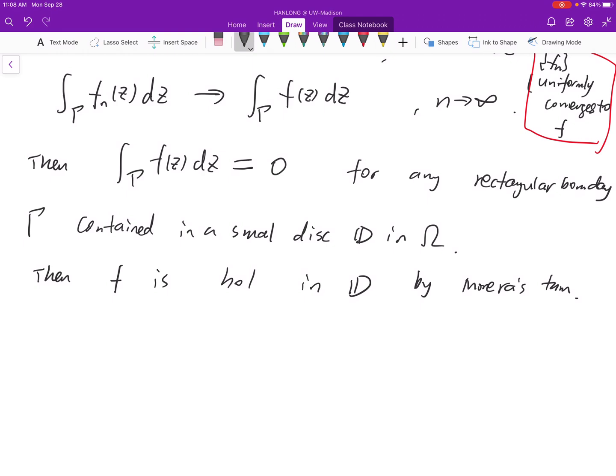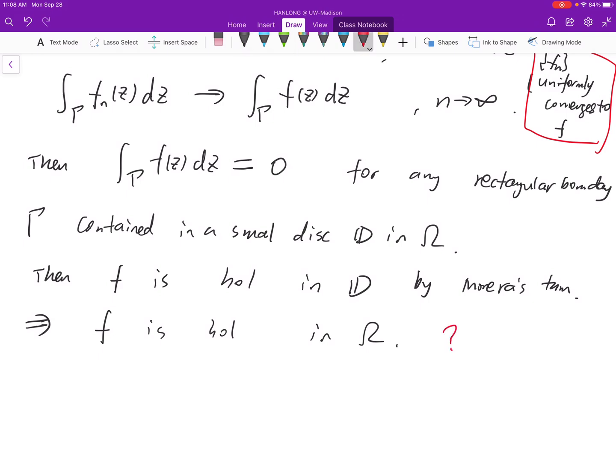Since holomorphicity is a local property, you can choose a small disk D to be arbitrary in omega, then we can conclude F is holomorphic in omega.